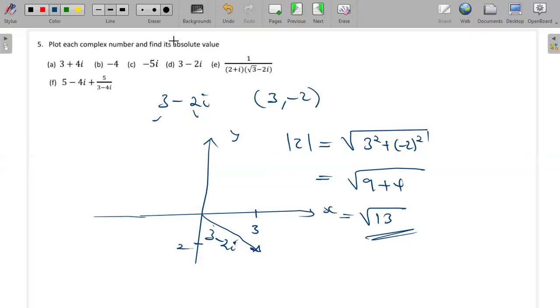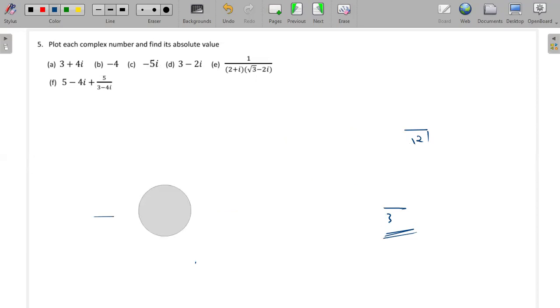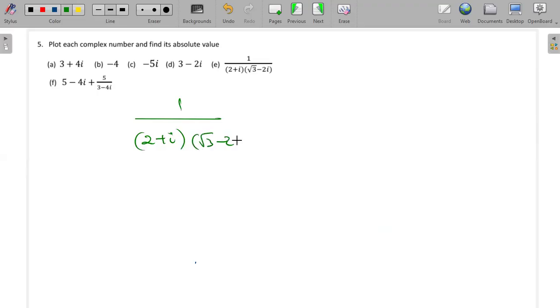Okay, we move on to part E. So part E, you have 1 over 2 plus i, and then you have root 3 minus 2i.